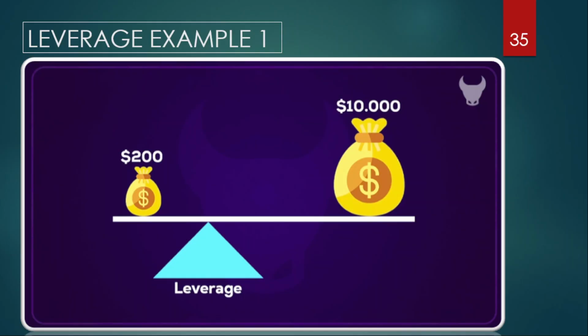But you know that you only have $200. With only $200, you could make trades that are equivalent to when you have $10,000 in your account. This is the power of leverage.